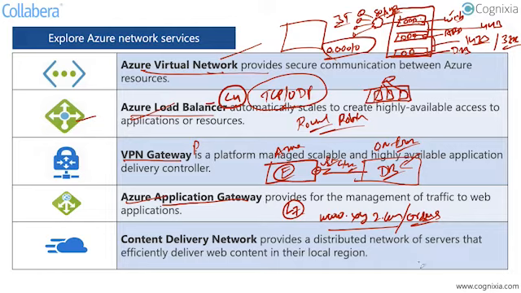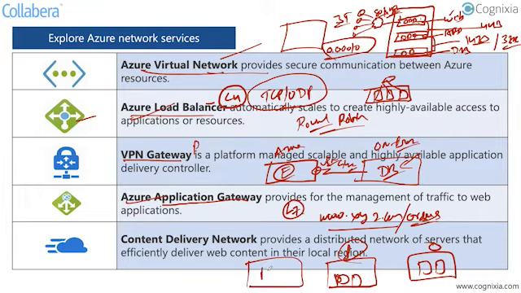For orders, I'm using two servers in the backend. For products, I'm using two different servers. For search, I'm using maybe Azure Functions. And for the payment gateway, I'm using on-prem servers.